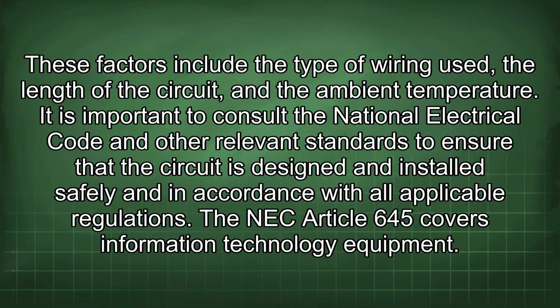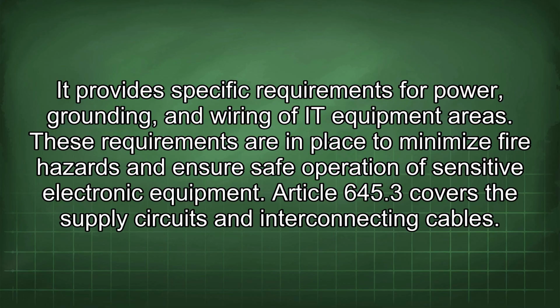The NEC Article 645 covers information technology equipment. It provides specific requirements for power, grounding, and wiring of IT equipment areas. These requirements are in place to minimize fire hazards and ensure safe operation of sensitive electronic equipment. Article 645.3 covers the supply circuits and interconnecting cables.